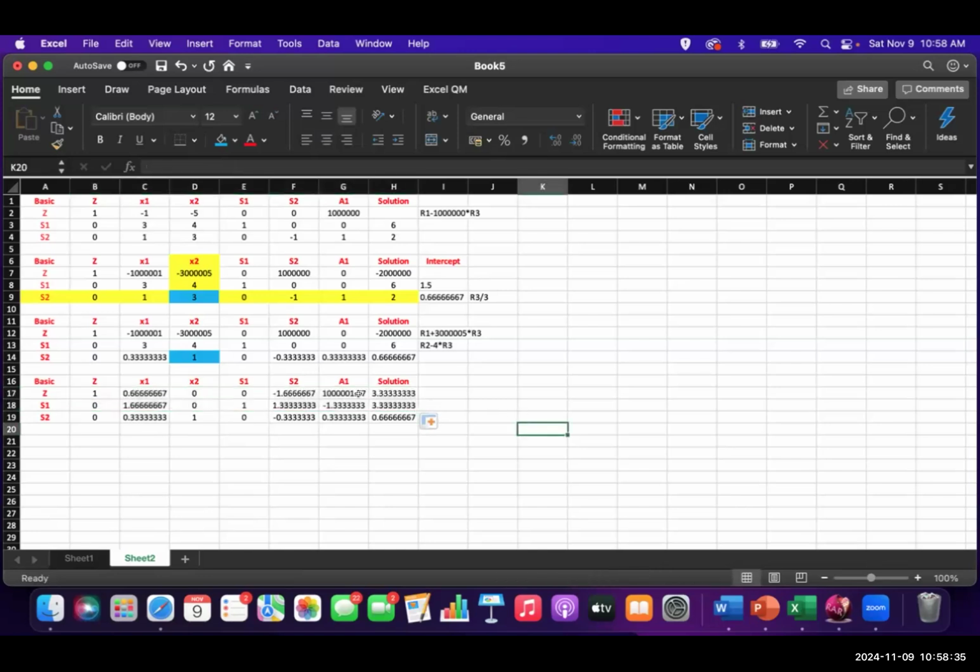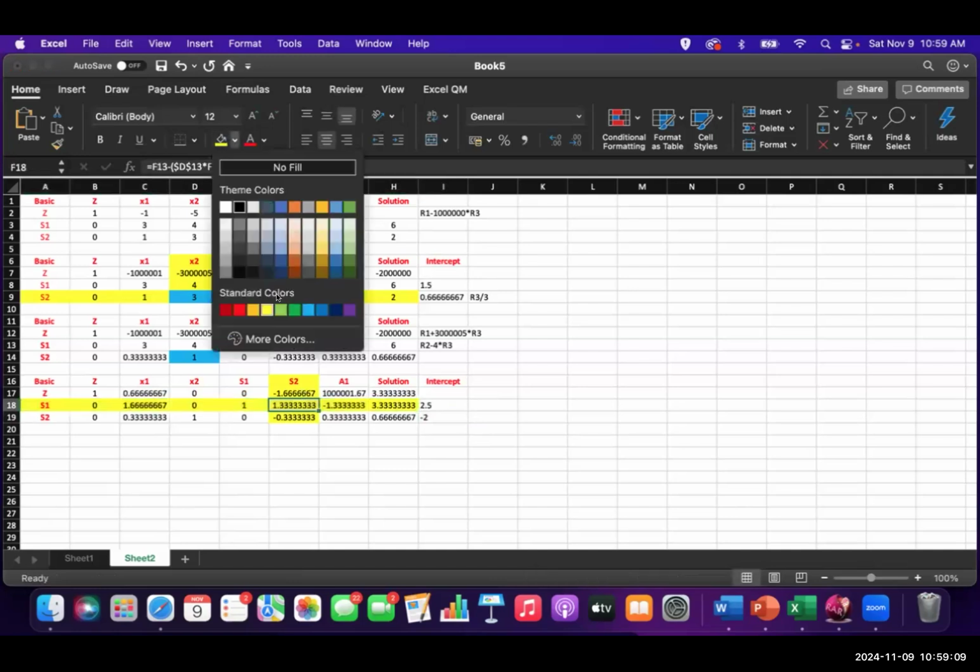But we still have another iteration. Under S2, we have a negative coefficient there. So we now take the intercept. For the intercept, the solution, we divide it by S2. The same goes for this one. Therefore, this one becomes our pivot row.